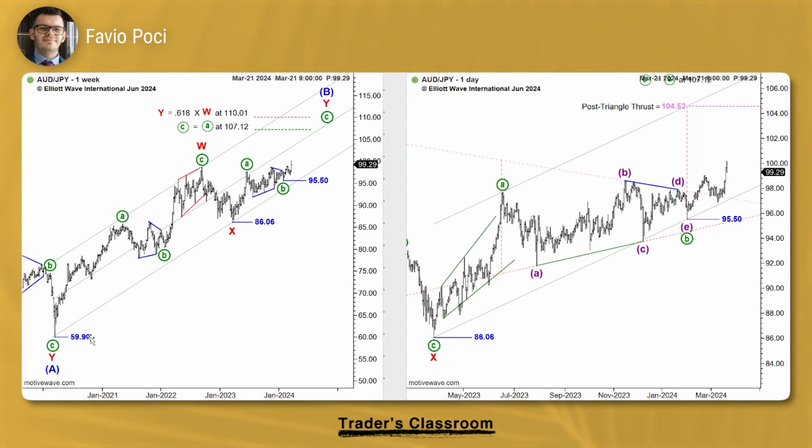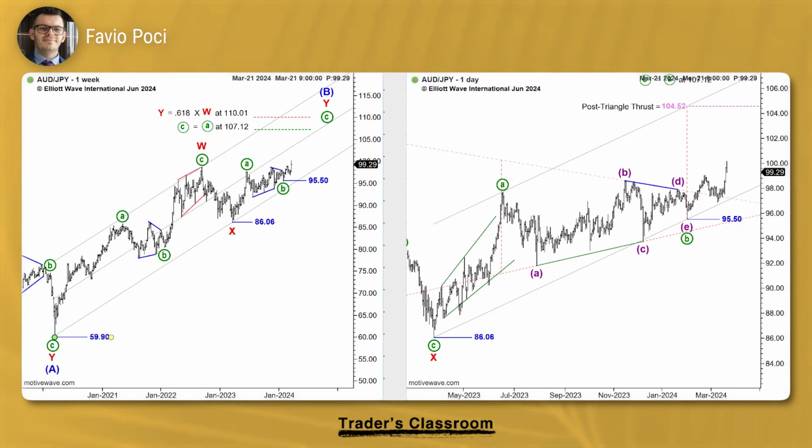We're going to take it for granted that the rise from 59.90 is a double zigzag. This is the operative wave count that I'm working from the higher degree, which is step number one. Every one of you should always build context from the higher time frame, monthly, quarterly charts.